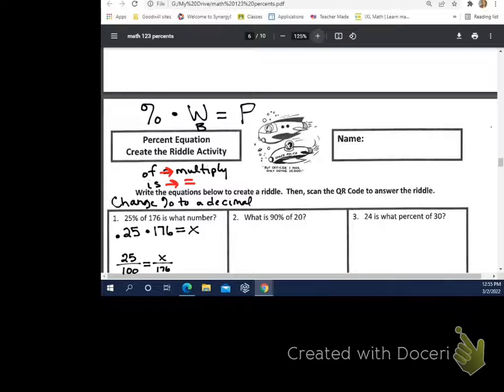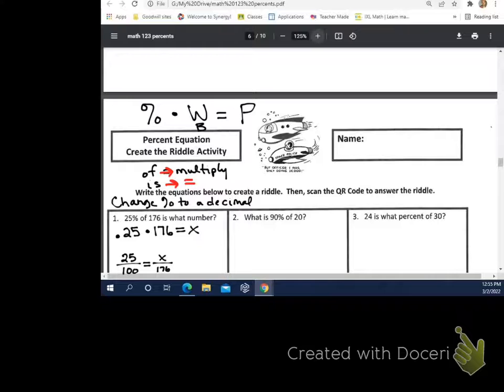Okay? So if you don't feel as comfortable moving the decimal, I don't know if I moved it right, how many places, which direction, you may want the proportion, because then you're just going to do the proportion steps and you'll be good. So the equation, we have to do a little bit of work.